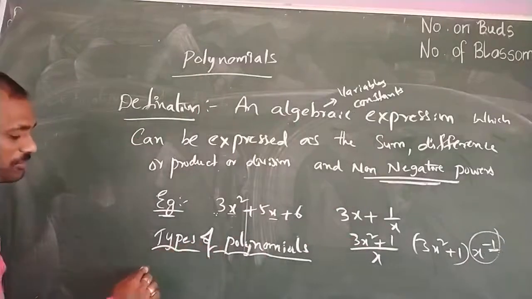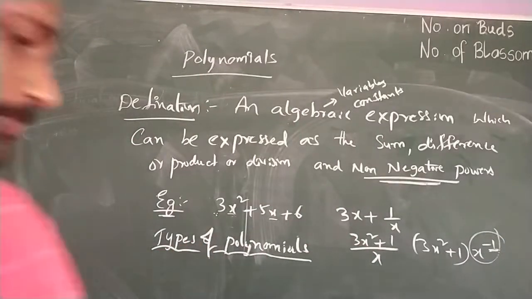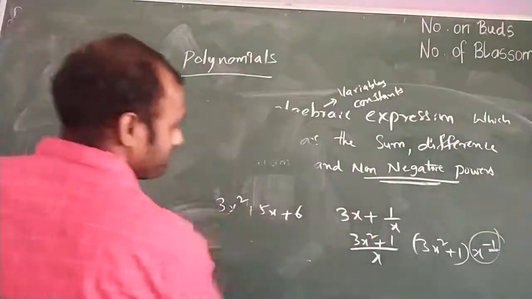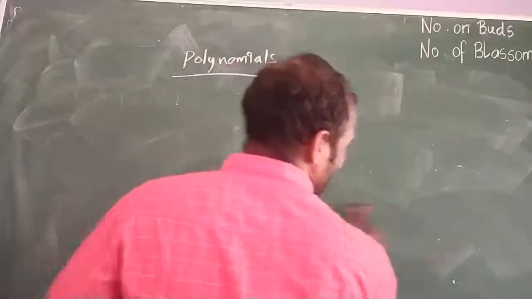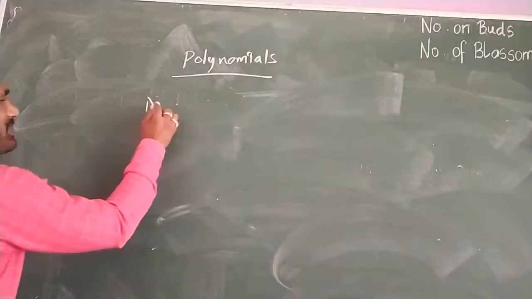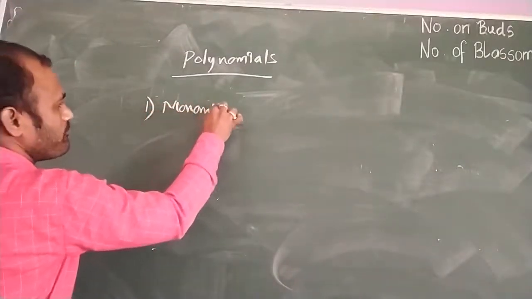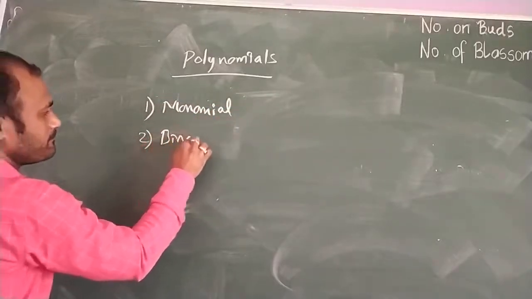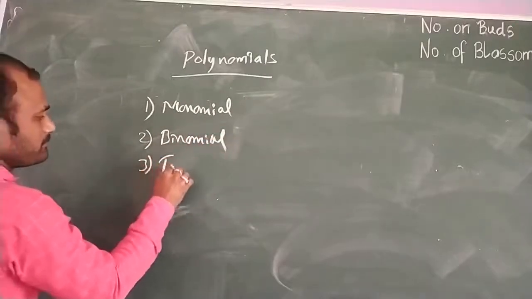So next, types of polynomials. Generally we have monomial, binomial, trinomial.